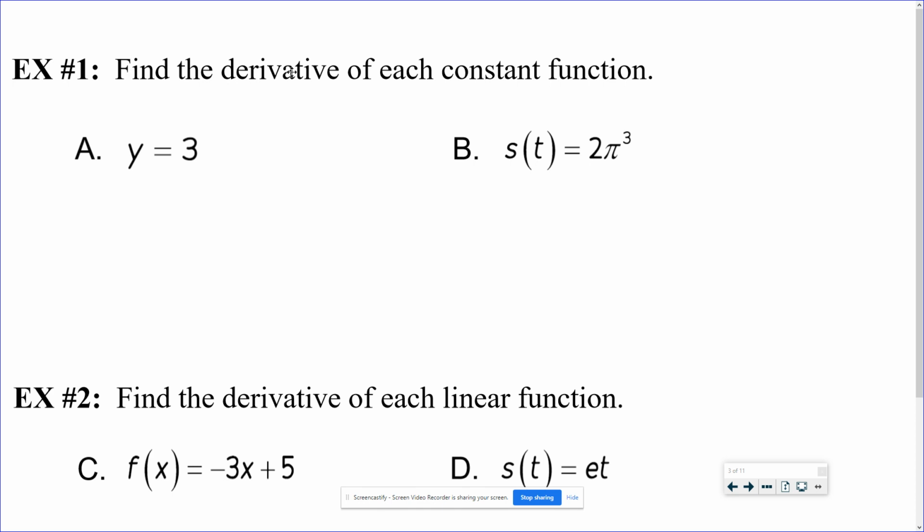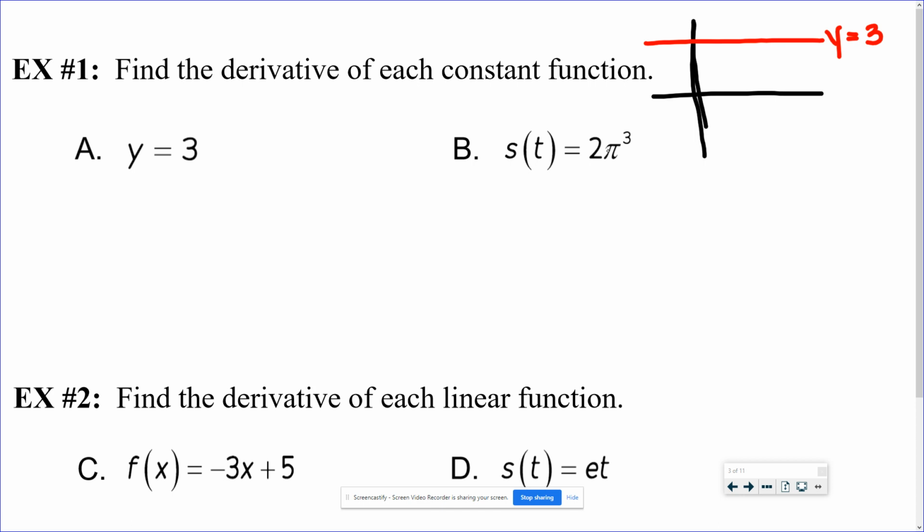So first question, find the derivative of each constant function. For this, it would be important to remember what a derivative is. Okay, so let's pretend like this is an x and a y axis. It's a terrible looking graph, but whatever. So let's say I have y equals 3, right? Well, y equals 3 would just be a horizontal line.